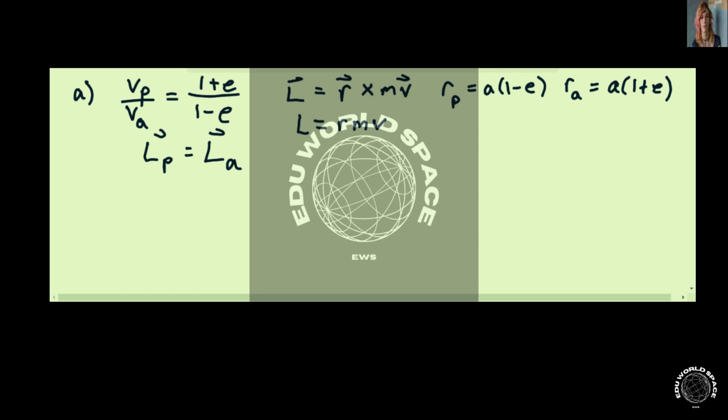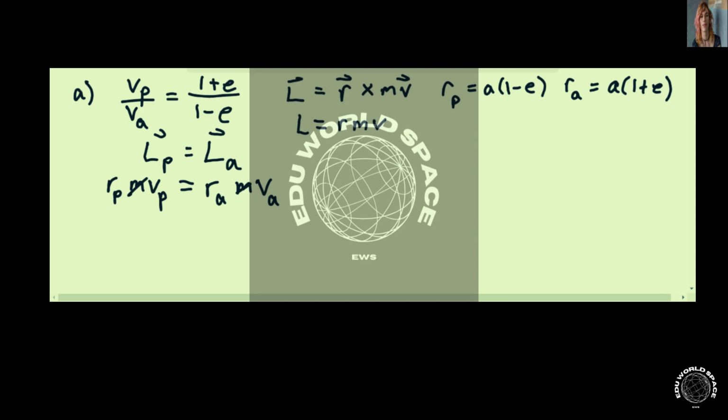So what we can plug in for the angular momentum at perihelion and aphelion is the radius at perihelion times mass times that velocity at perihelion should be equal to the radius at aphelion times mass times the velocity at aphelion. The mass is constant, of course, so those cancel out.